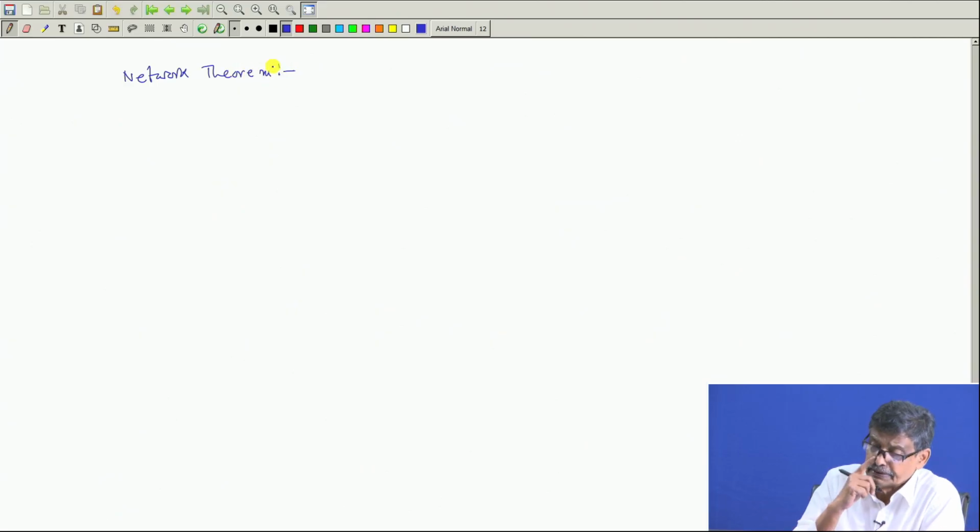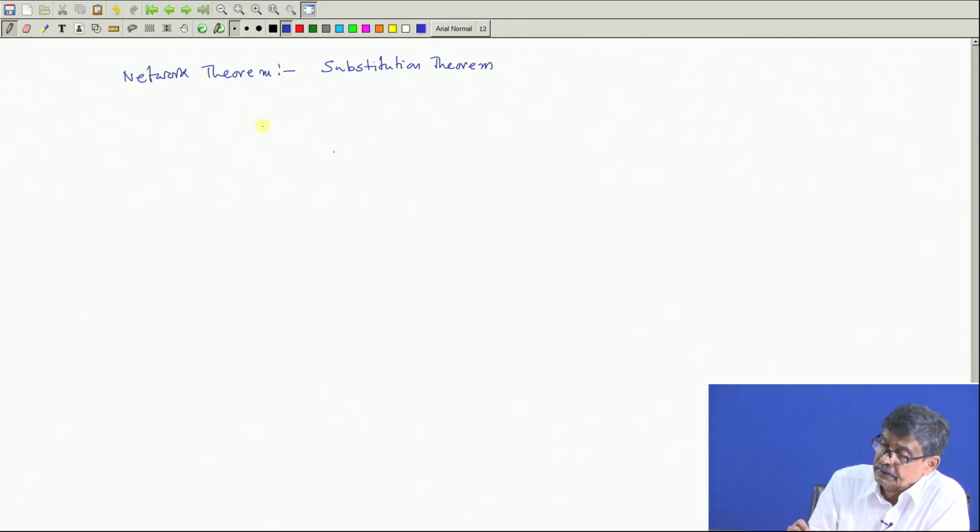Of the various network theorems, one of the popular theorems is the substitution theorem. That is, in any branch where there is an impedance, if it is carrying a current I, you can replace that branch by a current source I, things like that.